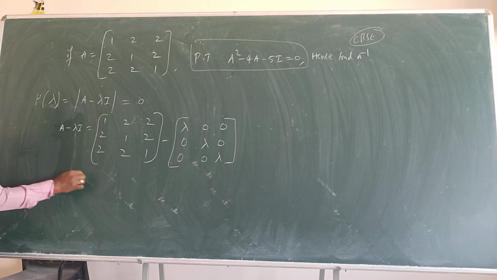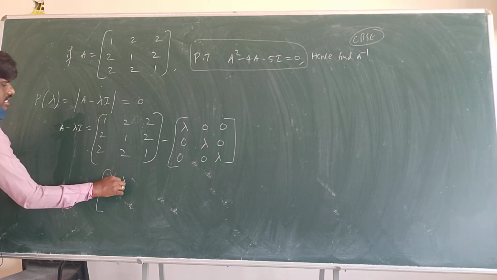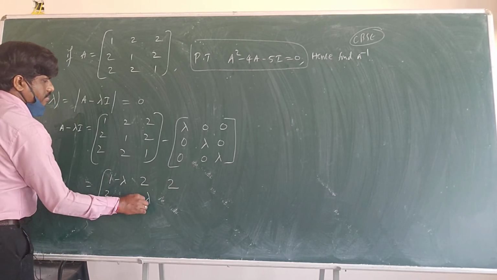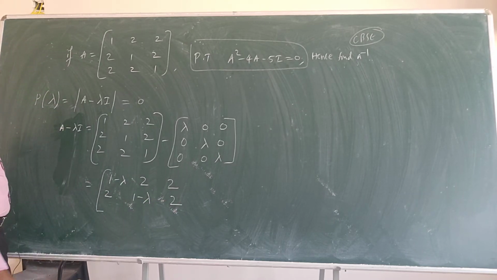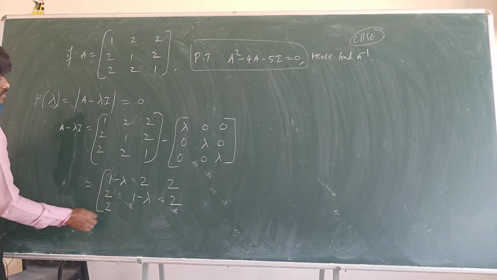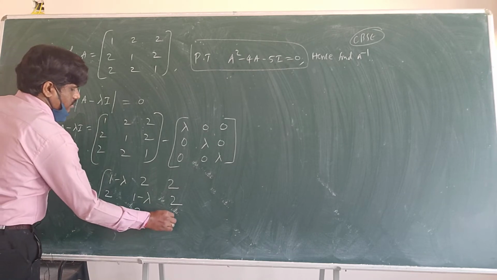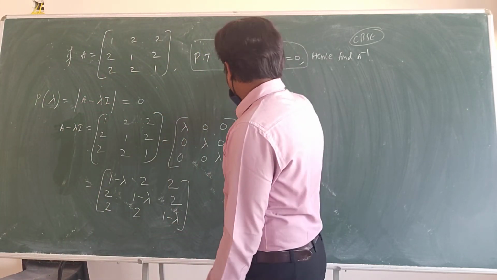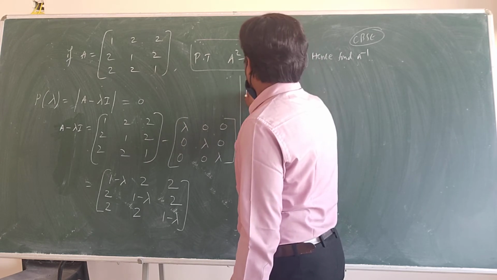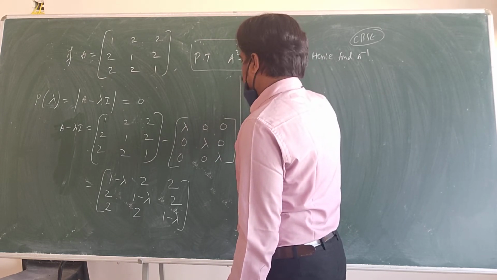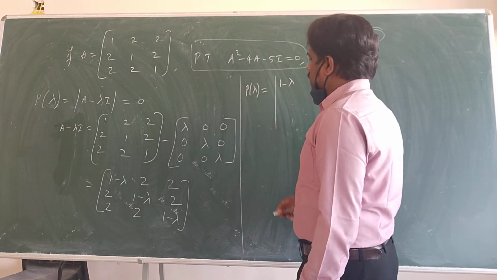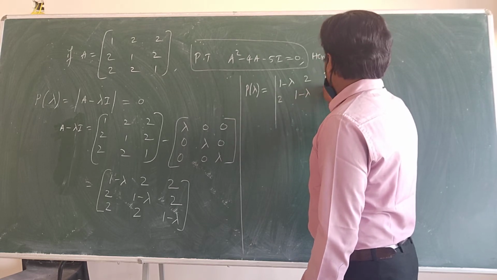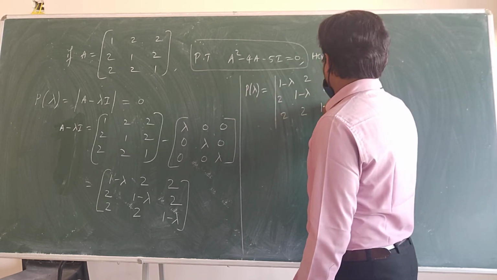So I am finding this. This value will be [1 minus lambda, 2, 2; 2, 1 minus lambda, 2; 2, 2, 1 minus lambda].